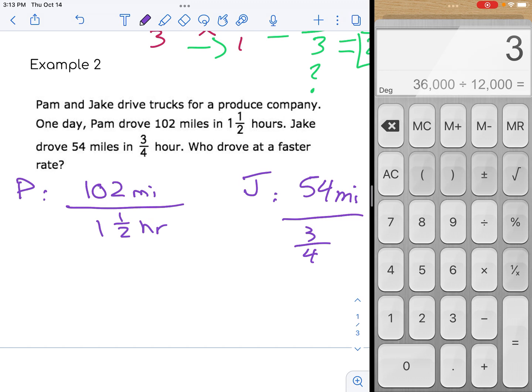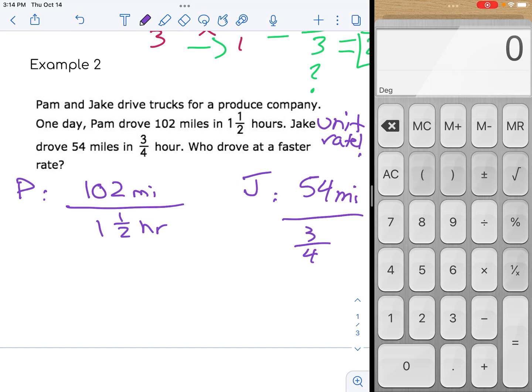Who drove at a faster rate? Now, to be able to compare these, some of us might say, well, Jake drove slower because he's driving less miles, but we can't actually compare them until we find the unit rate. So to be able to compare, we always want to find our unit rate.